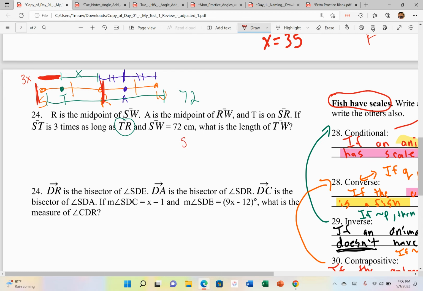So SR equals 36. Now, that's not an answer, but it is going to benefit. Because I know that SR is equal to ST plus TR. That's the segment addition postulate. So therefore, 36 is equal to 3x plus x. 36 equals 4x. x equals 9.